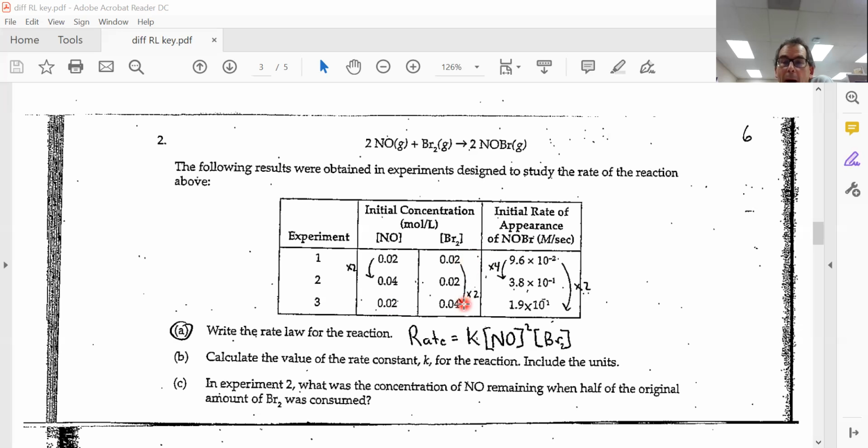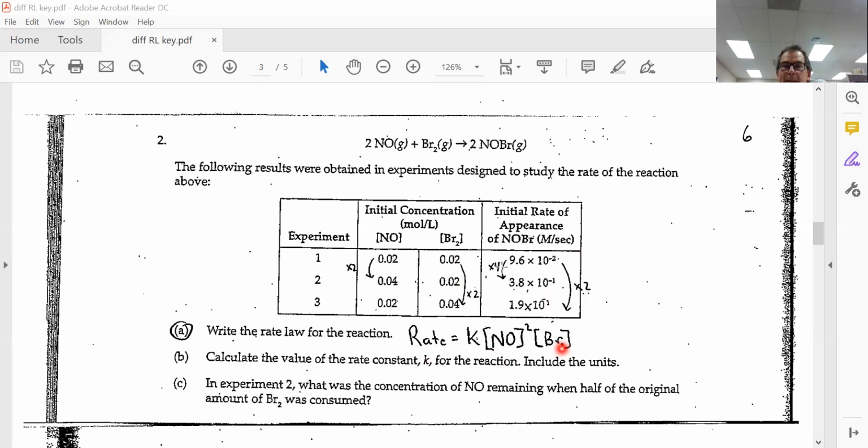We double Br2, and the rate goes from 9.6 times 10 to the negative 3 to 1.9 times 10 to the negative 2. That looks like a doubling effect. So that's a 2 to the first change, and that would be first order for Br2. So my rate law would be rate equals k, NO squared, Br2.